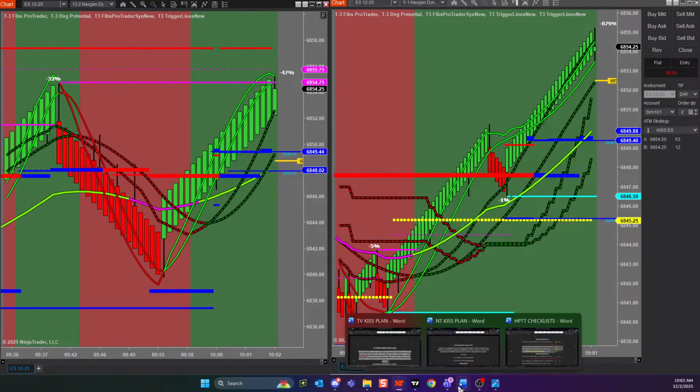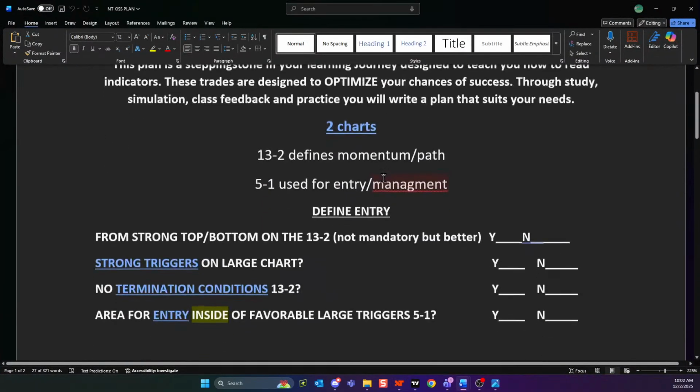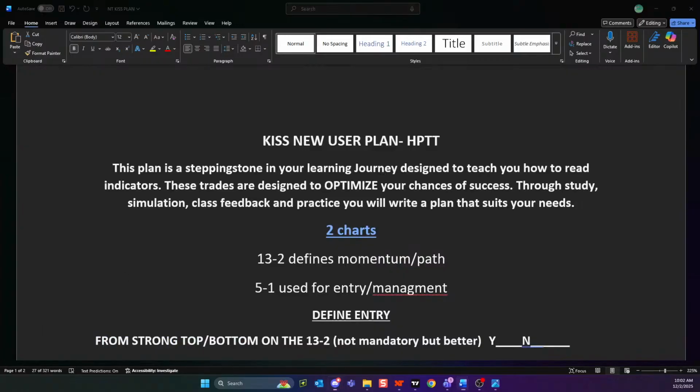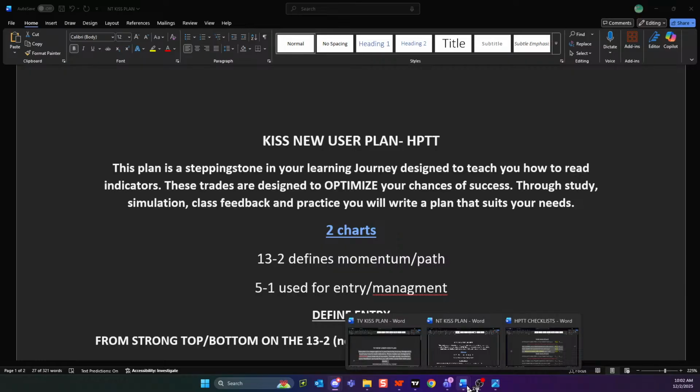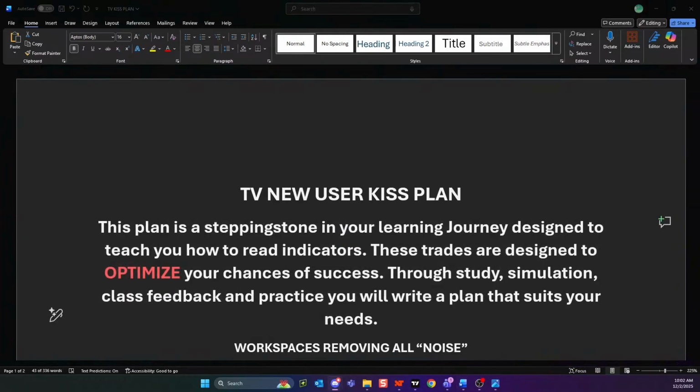Did you guys know that the KISS plan gives you 2 trades? That's it. 2 trades. The KISS plan for TradingView gives you 1 trade. That's it.